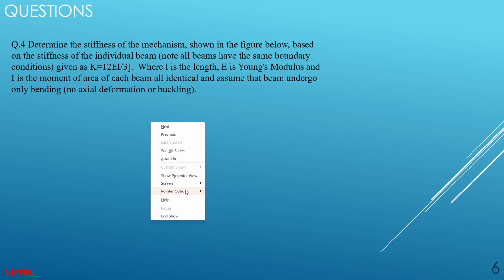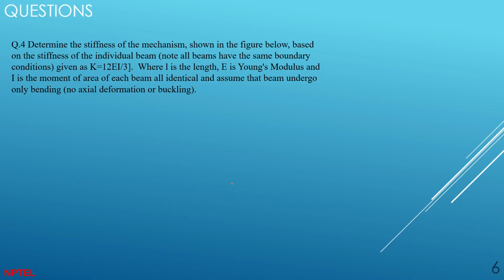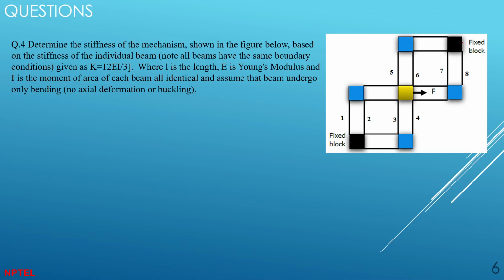To determine the stiffness of the mechanism, I am giving you this mechanism here. This has been fixed here, and consider it a compliant mechanism. These are the thick bars you see, and this is the mass, the slab mass.